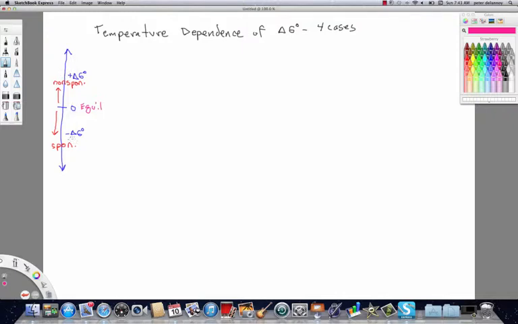One must definitely pay attention to the magnitude of the number, the size of the number, because the bigger the number, so for example, if we had a negative delta G and it was a very large number, that means that that particular process or reaction is going to be very spontaneous. It's going to produce a lot of product, large gram amounts, large mole amounts.